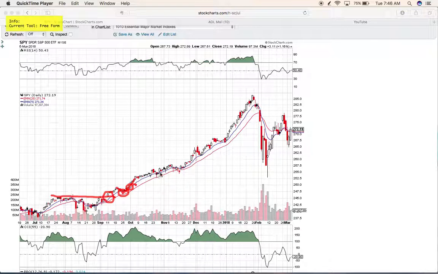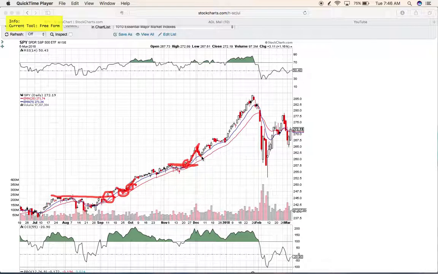So it goes up, hits a little resistance there, pulls back, and breaks out here, goes up to a new high, pulls back, doesn't pull all the way back to this new support and old resistance, but it pulls back some.